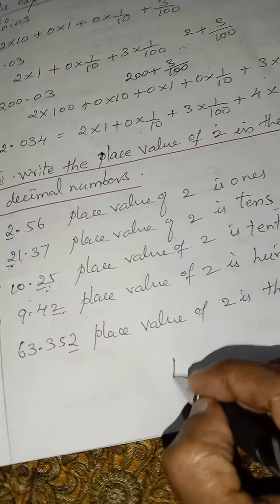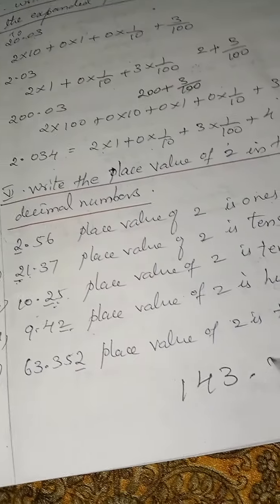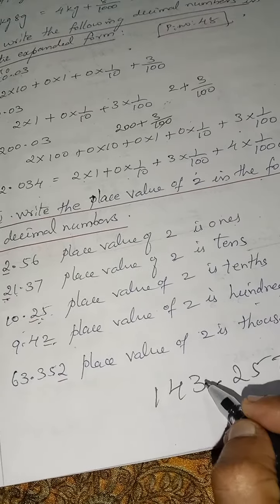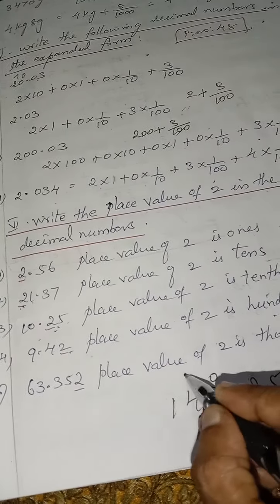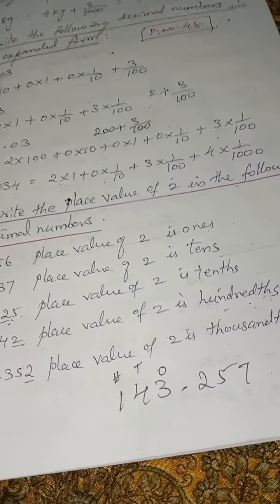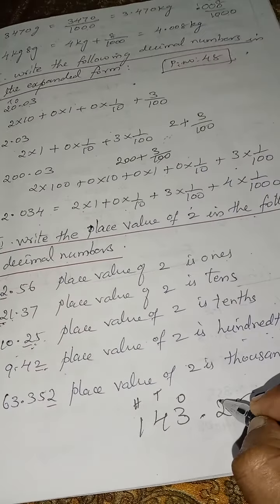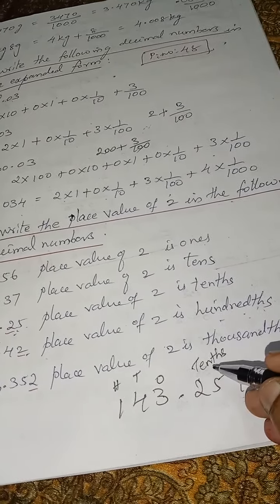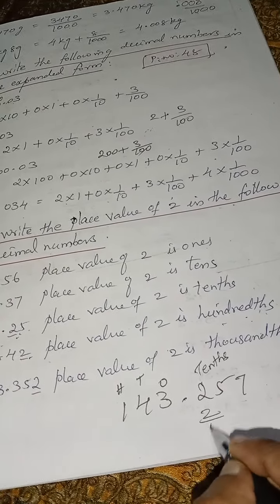Okay, one example I'll show you. If it is 143.257, we will take it like this: this is in the ones place, this is in the tens place, and this is in the hundreds place. Usually we write it like that. After the decimal, if the first number is 2, we say it is tenths, so we write this as 2 by 10.